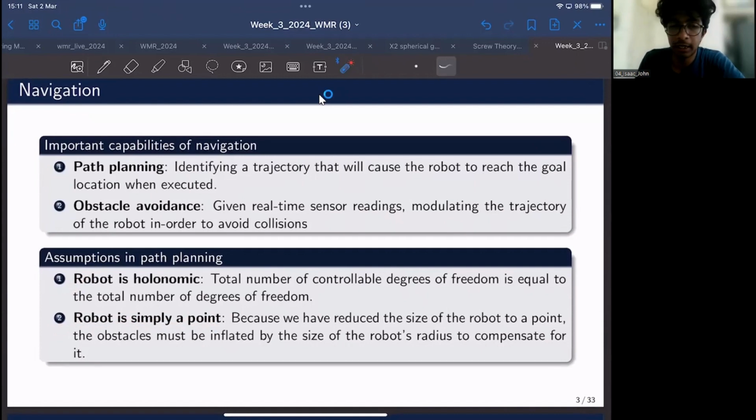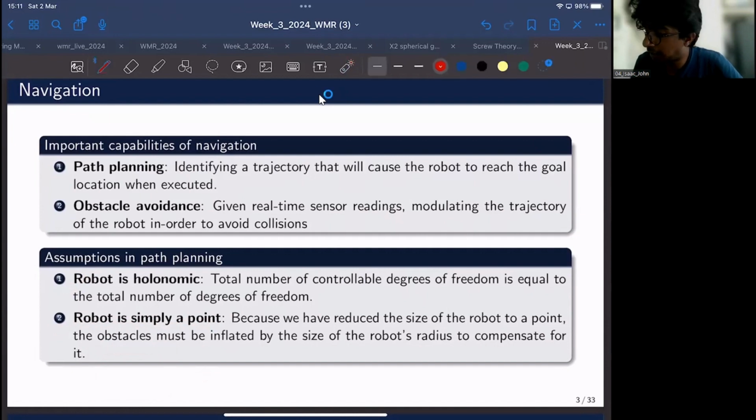Until now, in all the topics that we have discussed, we treated the robot as a rigid body with a finite volume or a finite cross-sectional area. But for path planning, we would treat the robot as a point, and we would compensate for this by inflating the size of the objects.